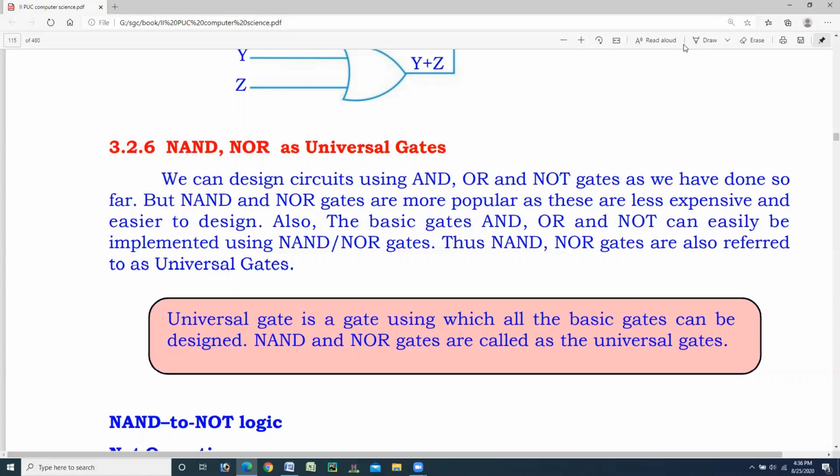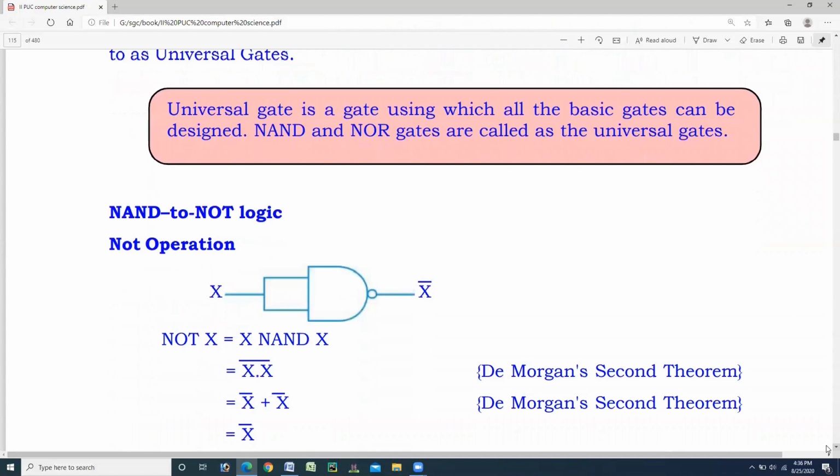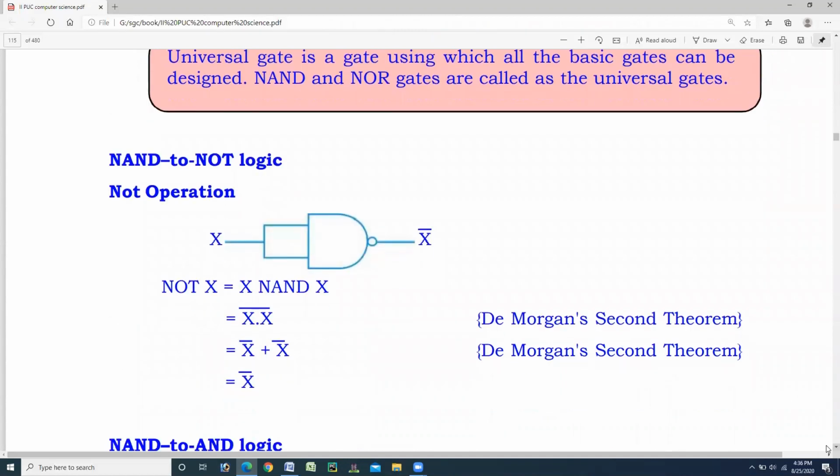So after knowing the 1 mark questions, now we check out the 3 mark questions based on these gates. One commonly asked question in the papers is realize NAND gate to AND, OR, NOT gates. It means using NAND gate you can design the basic logic gates.